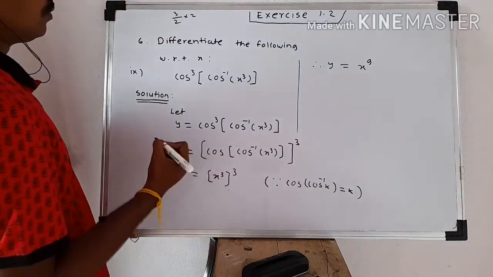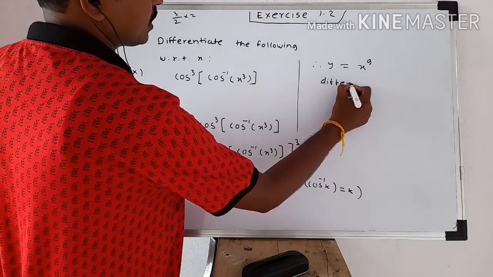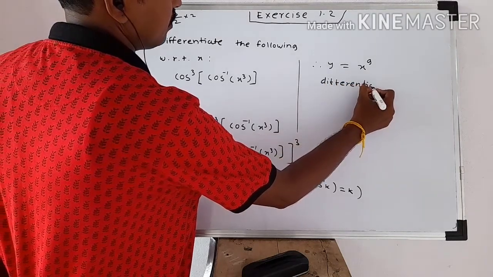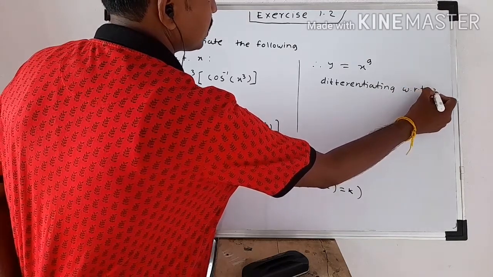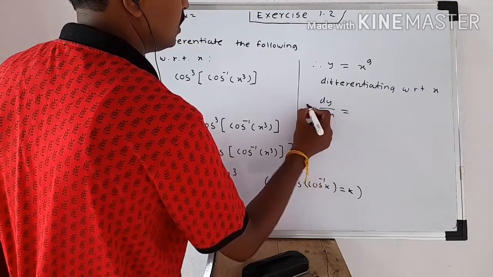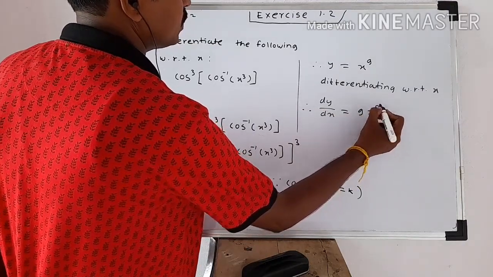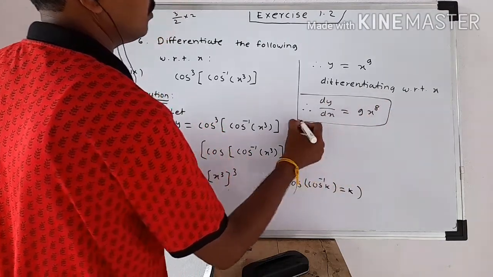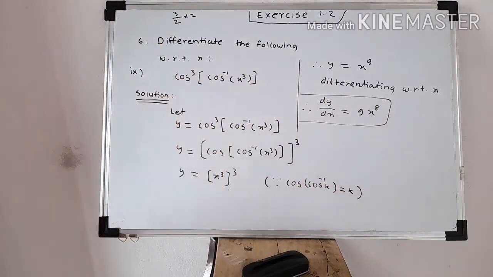This will be the value of y, and differentiating with respect to x, we will get the required derivative of y with respect to x. A very easy formula: 9 into x raised to 8. This will be the required derivative of y with respect to x for the 9th example.